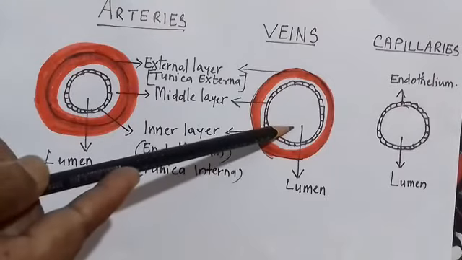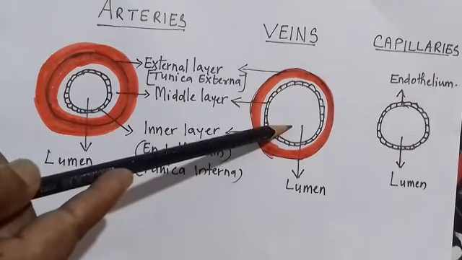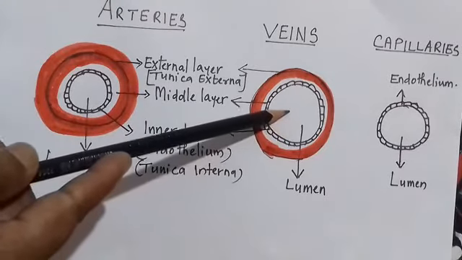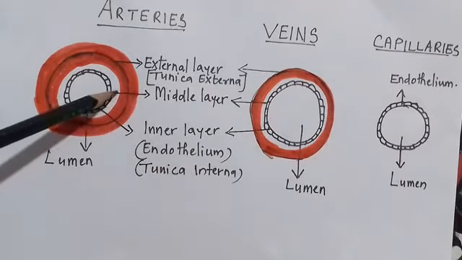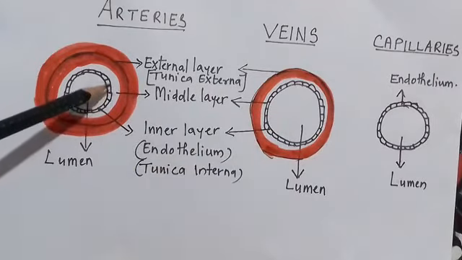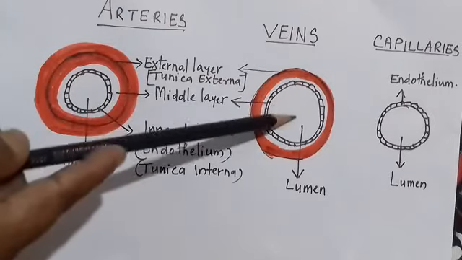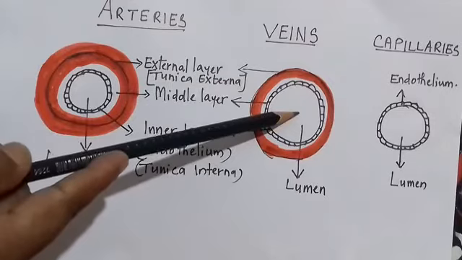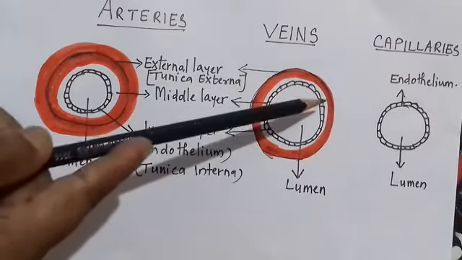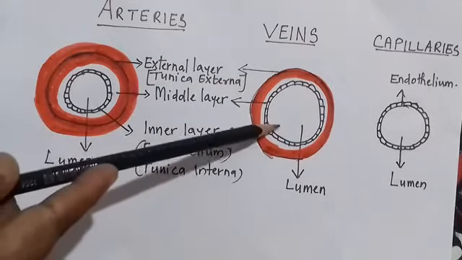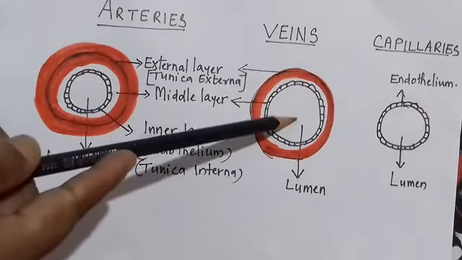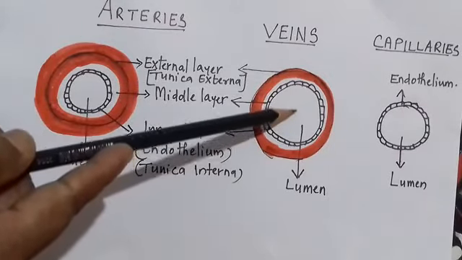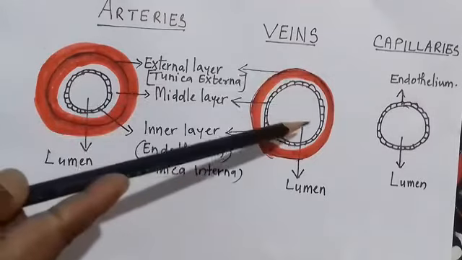Whereas in veins, blood flows uniformly or continuously with less pressure. Pressure is very little. Arteries carry what type of blood? Oxygenated blood except the pulmonary artery. Veins carry deoxygenated blood except the pulmonary vein. The pulmonary vein carries oxygenated blood from the lungs to the left auricle, then from there to the left ventricle.